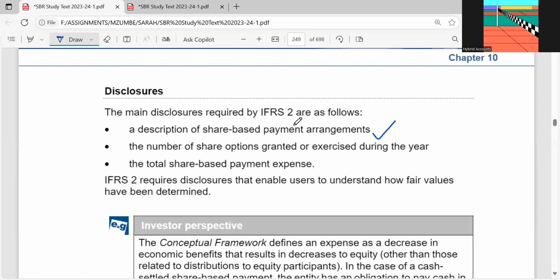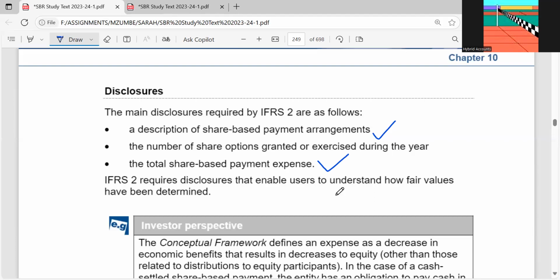Explain it. Then the number of share options granted or exercised during the year. Maybe these ones were granted, maybe these ones were exercised. And the total share-based payment expense. We have shown all those when computing.